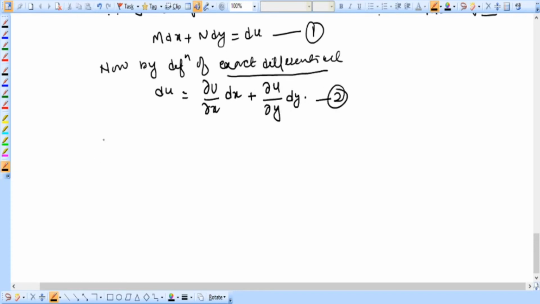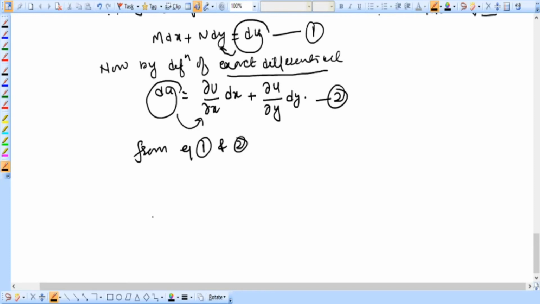Now comparing, so from equation 1 and 2, since du is equal to this and here du is equal to this equation, therefore Mdx and this, they must be equal to each other, right?